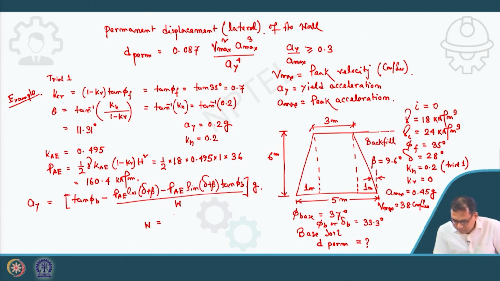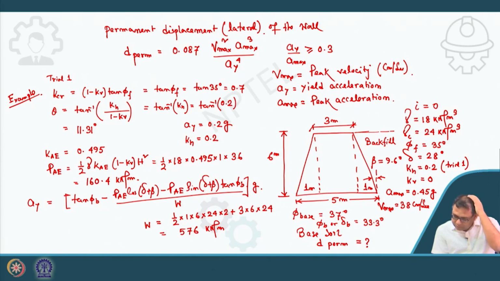W will be, for the two triangles, half into 1 into 6 into 24 into 2, plus 6 into 3 into 24. That value comes out to be 576 kilonewton per meter.